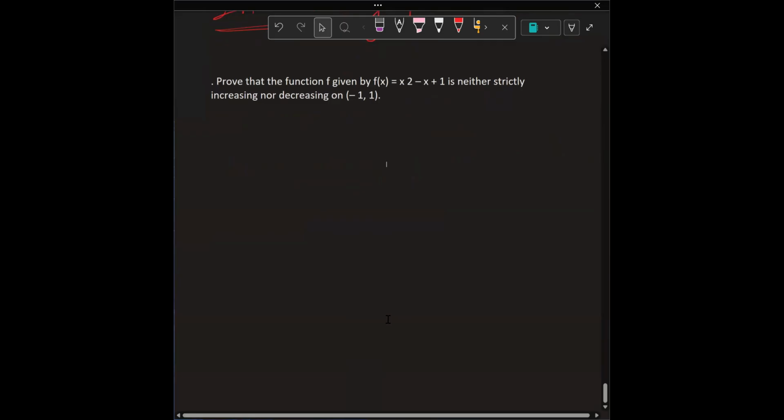Prove that the function given by f(x) equals (x square minus x plus 1) whole square is neither strictly increasing nor strictly decreasing on -1 to 1. You have to prove this. That is also important. You have some domain.